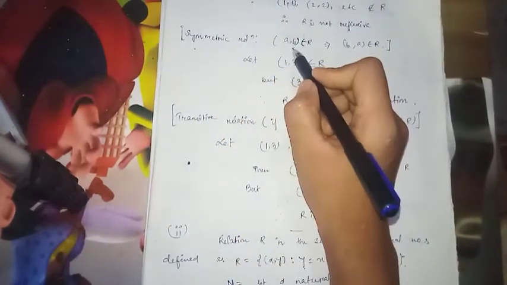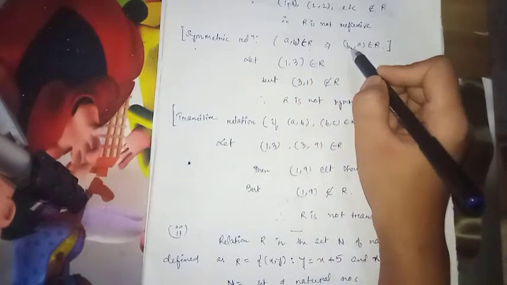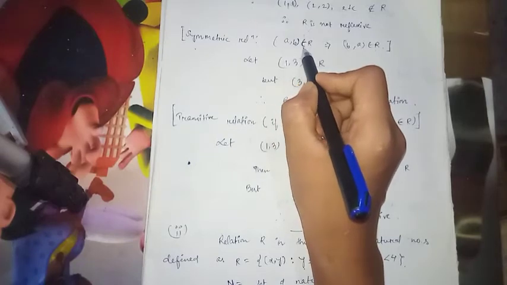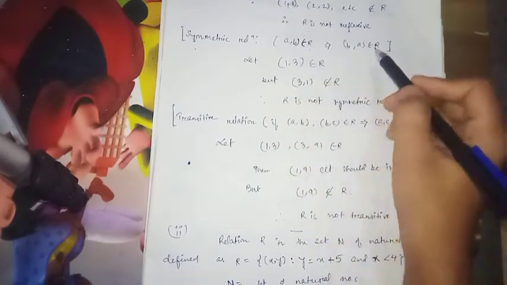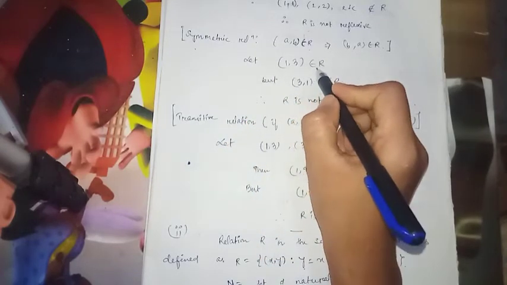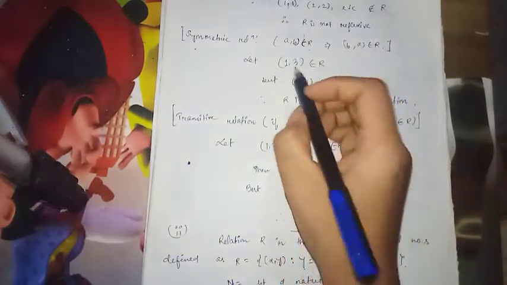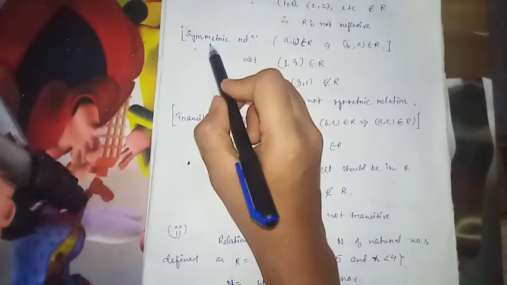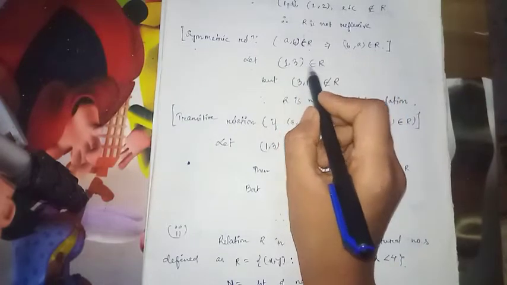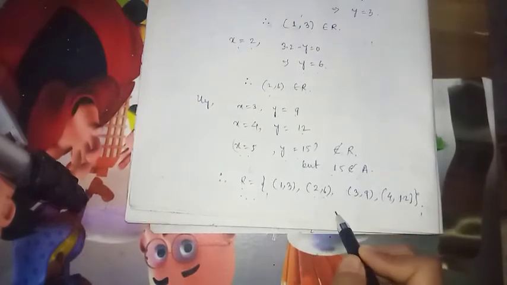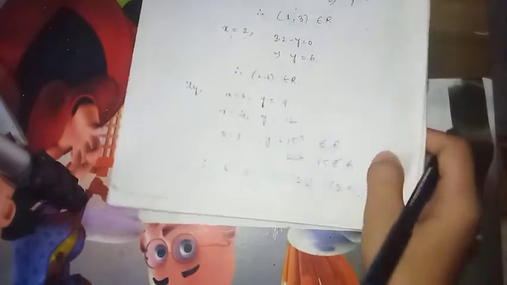Similarly, the definition of a symmetric relation is that if (a, b) is in R, then (b, a) must also be in R. Let us consider that (1, 3) belongs to R. Then according to the definition of symmetric relation we must get (3, 1) belonging to R, but (3, 1) is not in R. Similarly, for (2, 6) the element (6, 2) is not here.